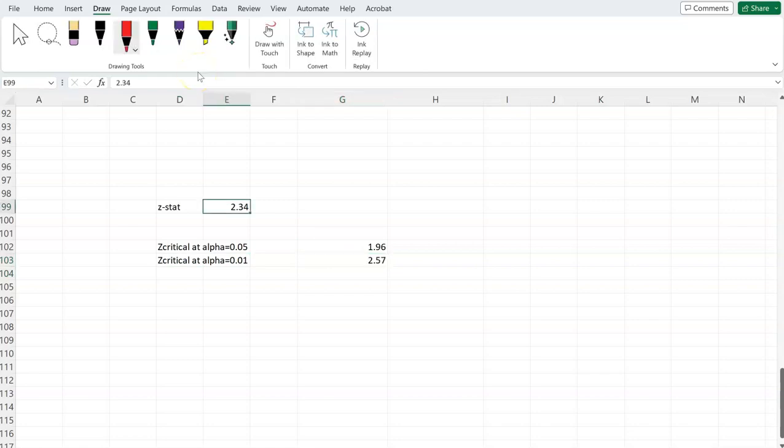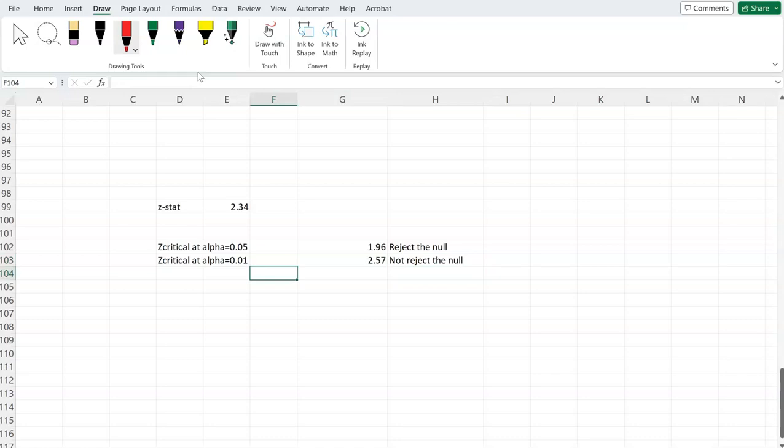If the z-stat is 2.34, I would reject at 5% alpha. But at 2.57, I would see that the z-stat is actually less than the z critical, so I would not reject the null. So therefore, the critical values are important.